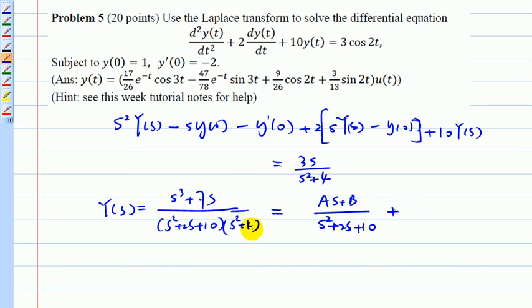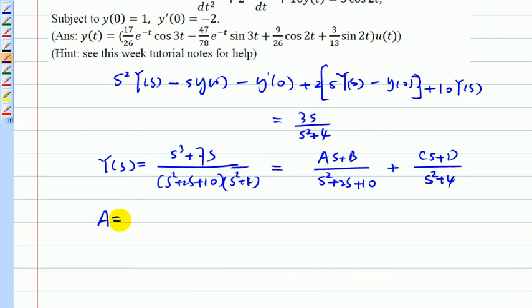The s squared plus 4 is also a term with 2 complex roots, so Cs plus D over s squared plus 4. So that's what you can hold. Then compare coefficients and solve for A, B, C, D. This is fairly complicated, and you need to be careful in solving this.